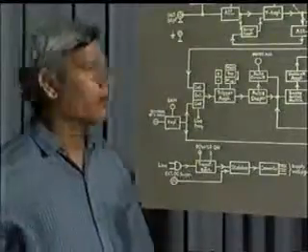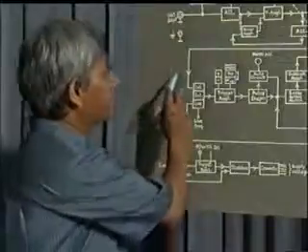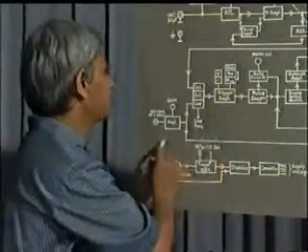In the external trigger mode, an external signal is fed to trigger the trigger stage. But in case of line mode, the 50 Hz mains frequency is used for triggering of the oscilloscope. Let us understand in the block diagram. Here in the block diagram, this is the trigger stage.